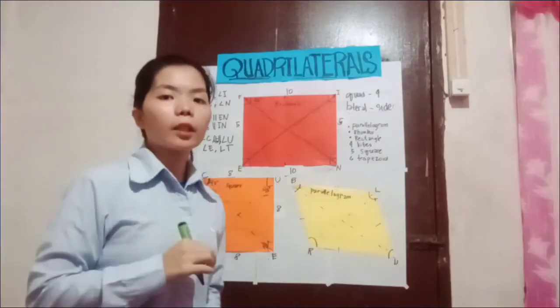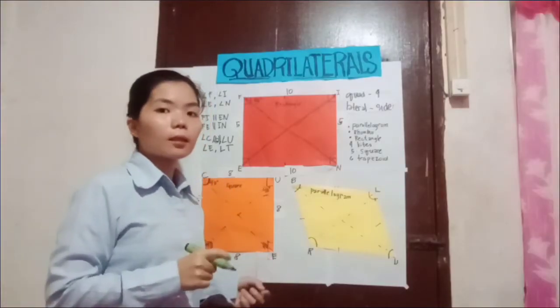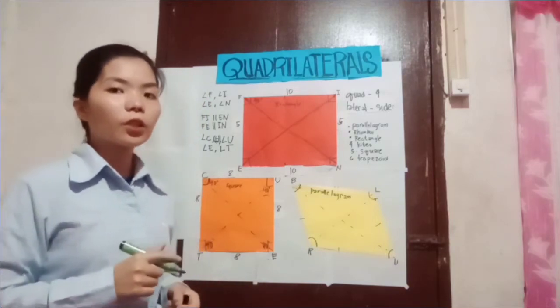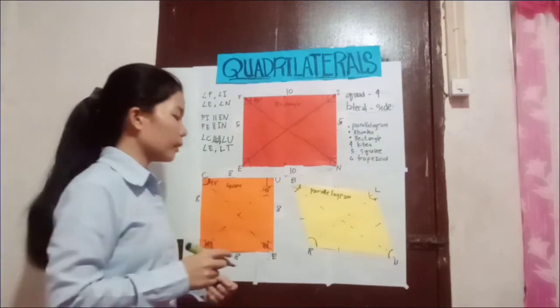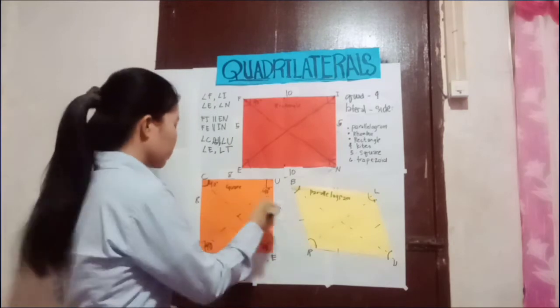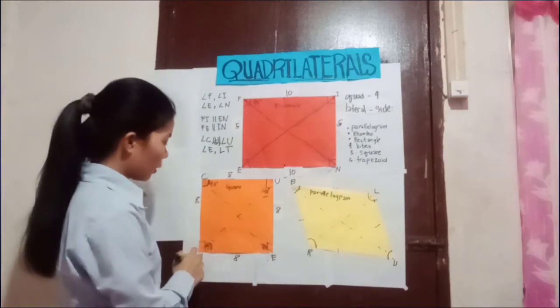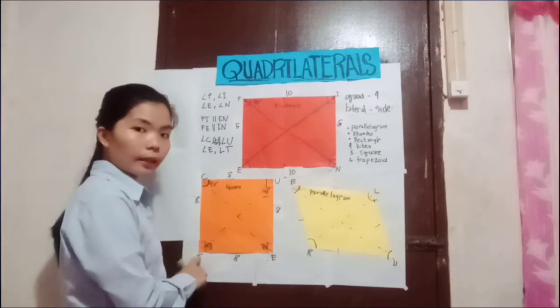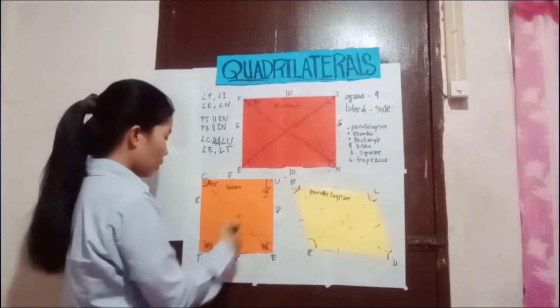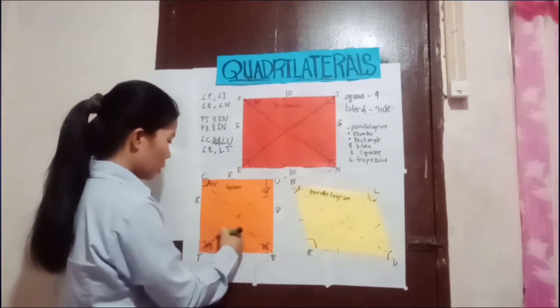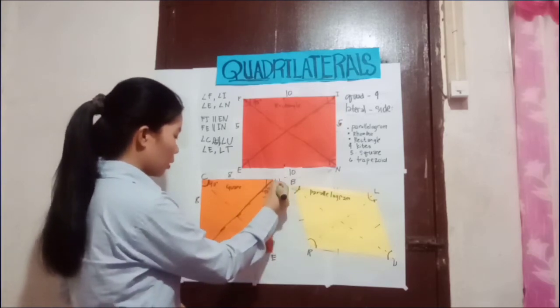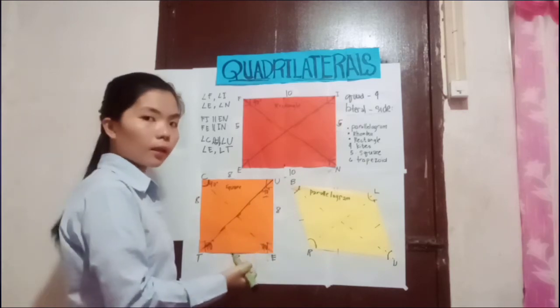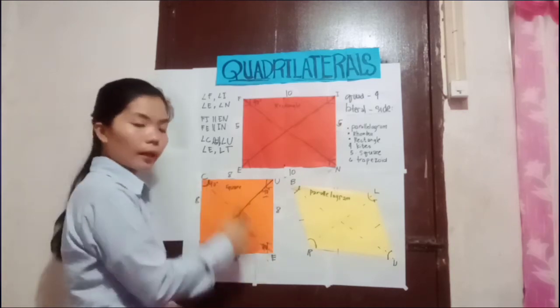Number 3 property of a square, diagonals bisect each other perpendicularly. Like this one, line TU bisects line CE.